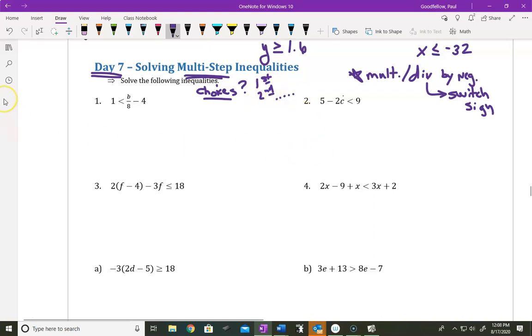Now, I think that one of the easiest ways to remember which numbers need to be moved from one side to the other and which ones should go first really boils down to going back to something that we've seen a lot of in the past, and that is PEMDAS. Now, you're probably thinking, PEMDAS is really only useful for figuring out how to come up with a number in terms of its order of operations.